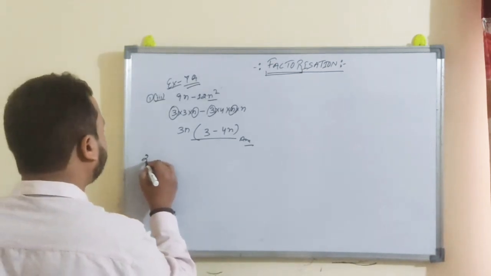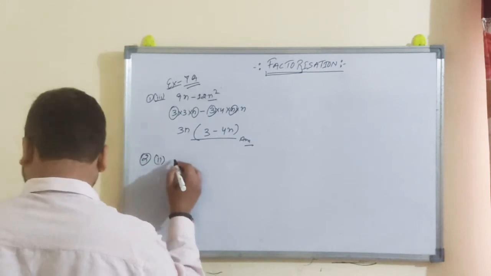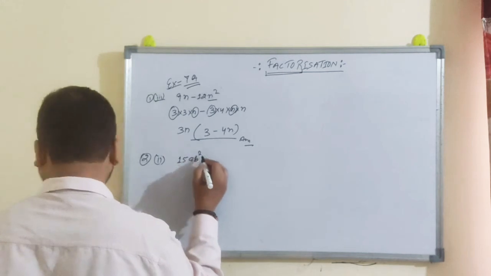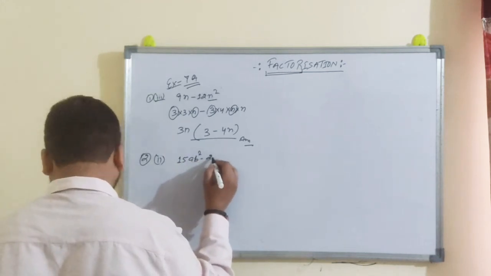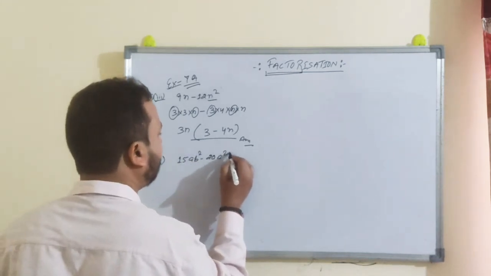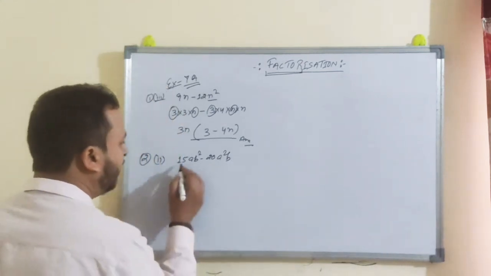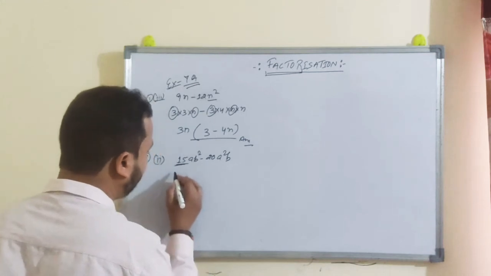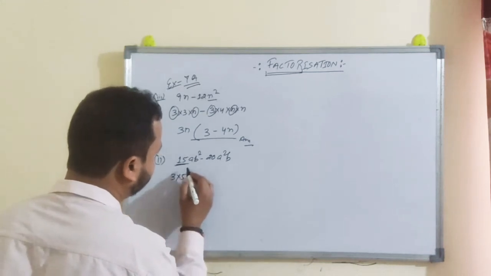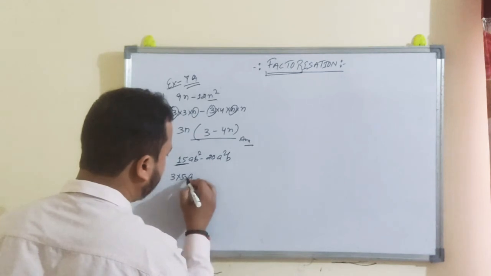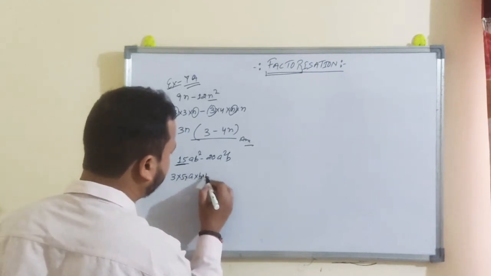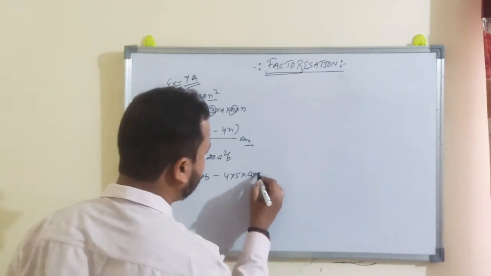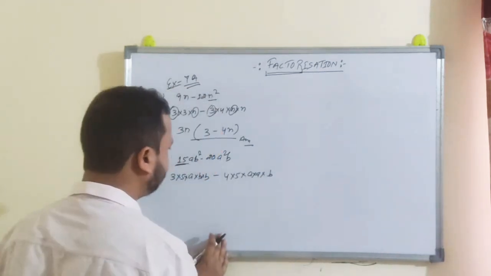Now come to the second question. I am going to take the second part of the second question, that is 15ab square minus 20a square b, right? If we first factorize the numeral part, 15 you can write as 3 into 5, ab square, so a into b, right? 20 is 4 into 5, and a square is a into a, and b is b, right?